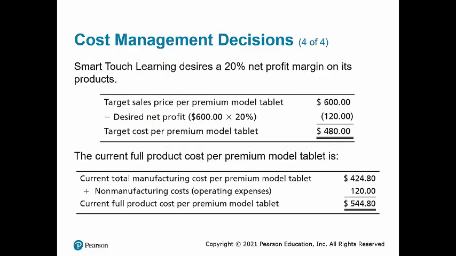So let's look at how that would work for the premium tablet. If the target sales price for the premium tablet is $600 and Smart Touch Learning decides that it wants to earn a profit of 20%, that would be 20% of $600, or $120, then the target cost for the premium model should be $480.